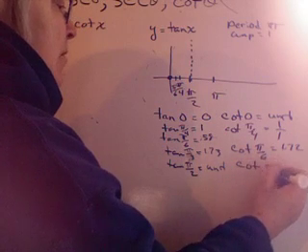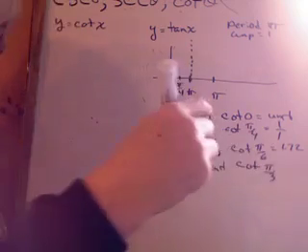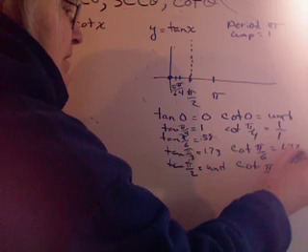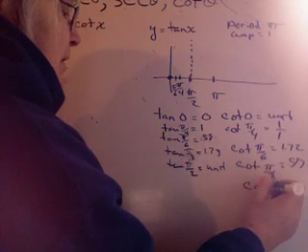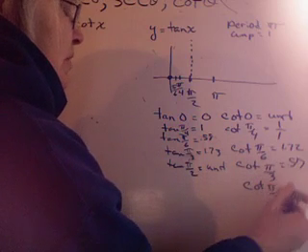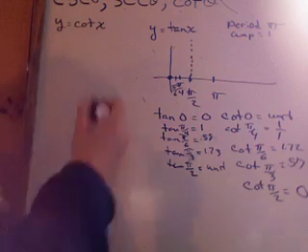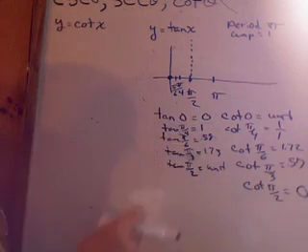Cotangent of pi over 3, what's the reciprocal of 1.73? That's about 0.57. And the cotangent of pi over 2, the reciprocal of undefined, is 0. So there you have some values to plot for that graph.